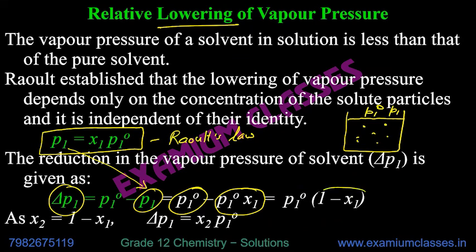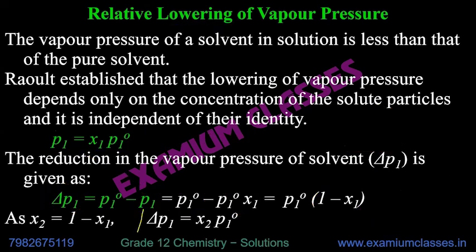And 1 minus X1 is X2, because X1 plus X2 is 1; the sum of all mole fractions is 1. So delta P1 is equal to X2 P1 naught.